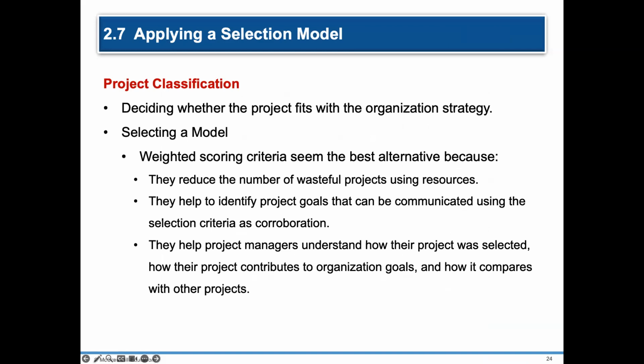So for short, it also eliminates bias. May iwasan natin yung thinking na, okay, kaya hindi pinili yung project ko because hindi ako gusto ng manager ko or dahil favorite niya si ganito. So, it actually helps project managers understand the thinking of the evaluators or the management who actually participated in the project screening process.